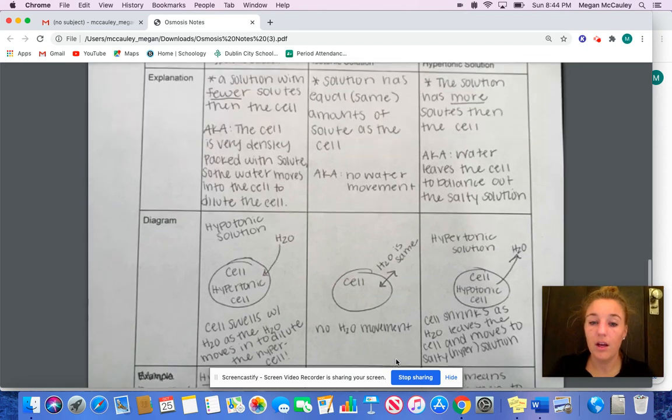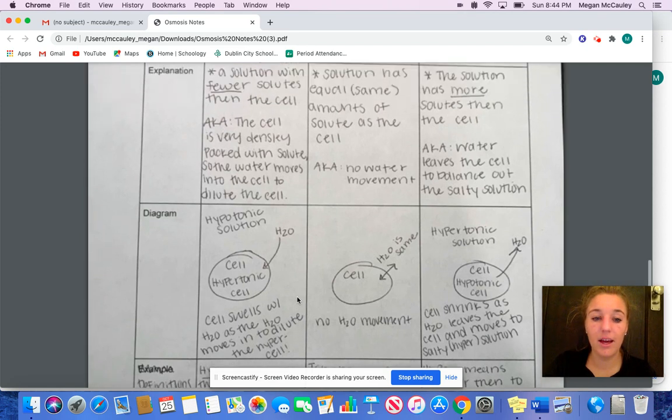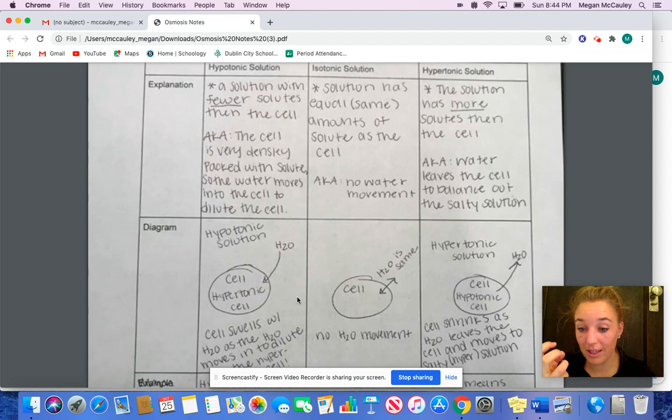Okay? So to recap, hypo means less than the cell. So the surrounding solution has less solute than the cell. The cell is very salty compared to the surrounding environment, so the water is going to move into the cell, it's going to grow really big and maybe bust, called lysing.